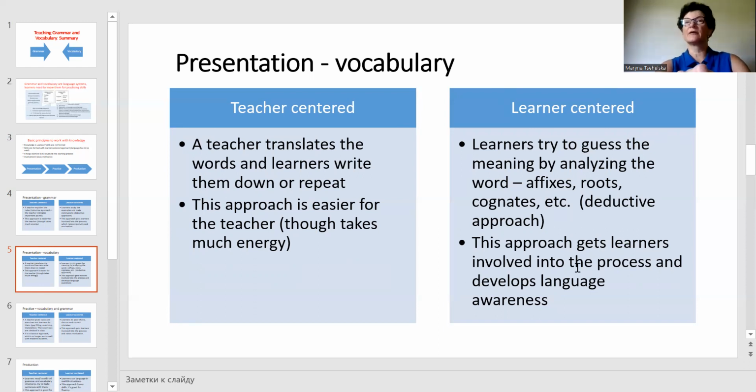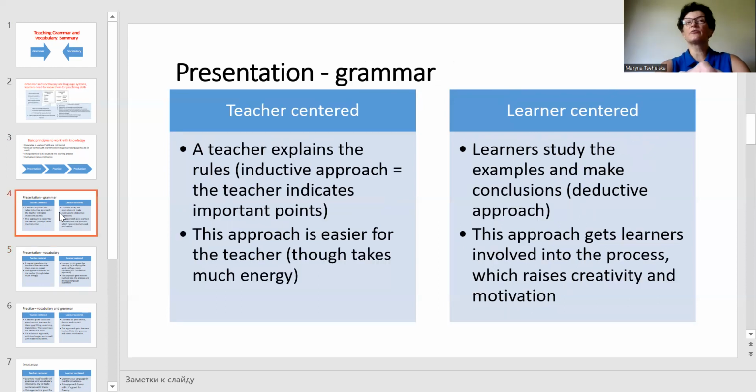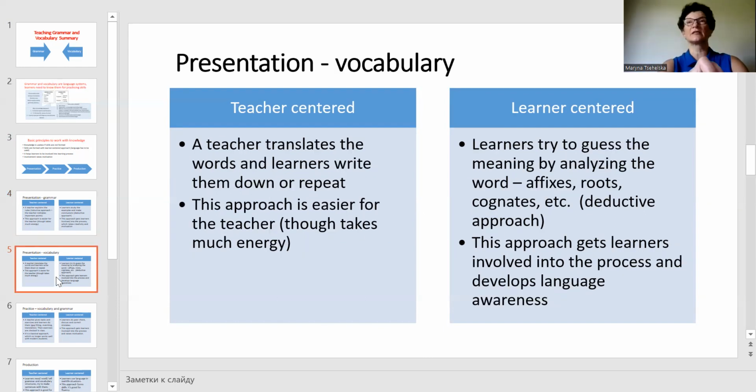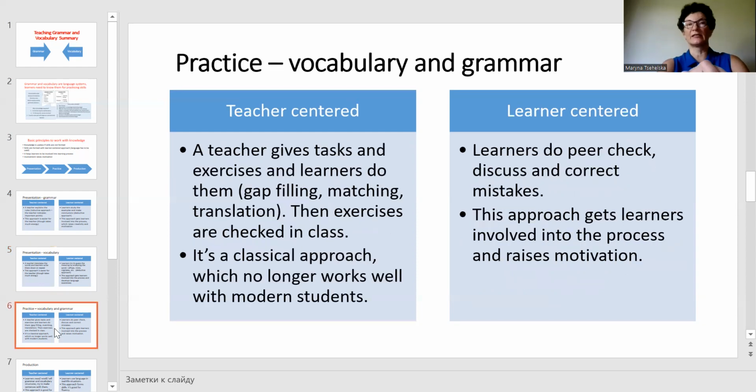And again, this approach involves learners. So in presentation of knowledge, we use either a teacher-centered or learner-centered approach, depending on our learners and what we want to reach in this lesson.